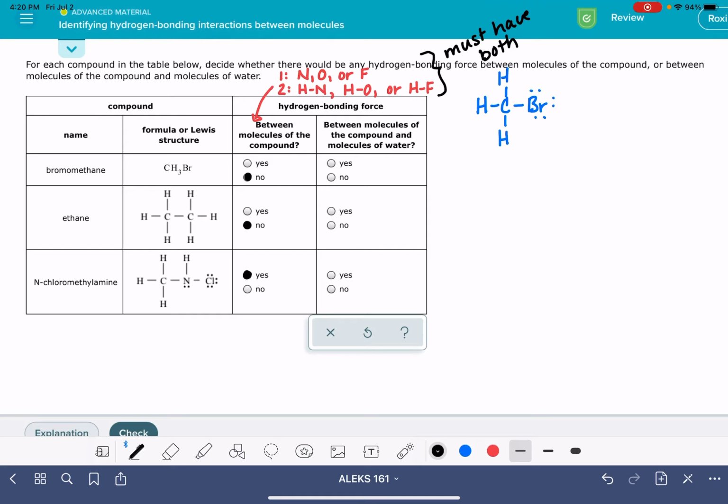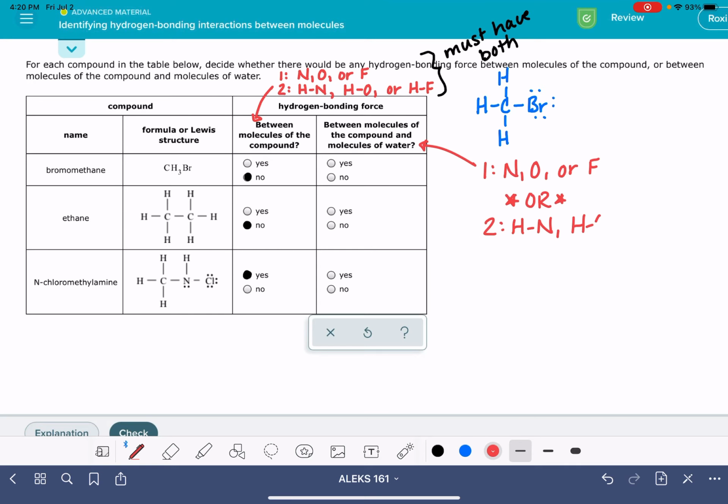Now, the next question is asking, can this molecule hydrogen bond with water? Is it possible for this molecule to hydrogen bond with water? And in order to be able to say yes to this question, the molecule needs to have either a nitrogen, an oxygen, or a fluorine, or it needs to have a hydrogen that's on a nitrogen.